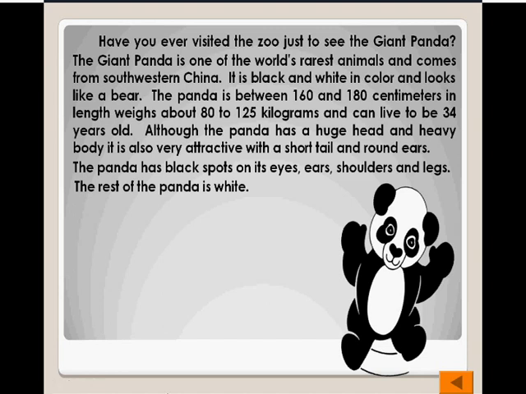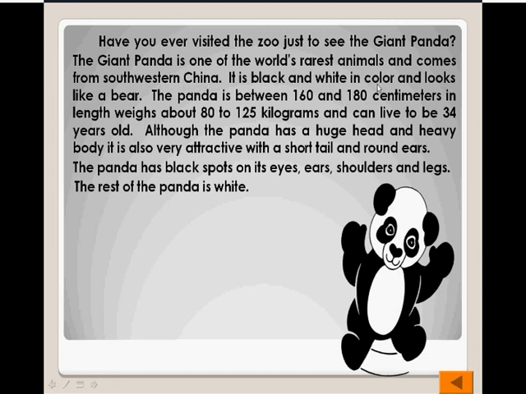So the first passage is telling us a description of the panda. Can you see that? They are telling us that we are going to read about the giant panda, and then the rest of the paragraph is talking about where it comes from, which is China in this case.